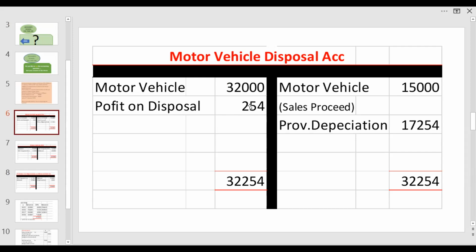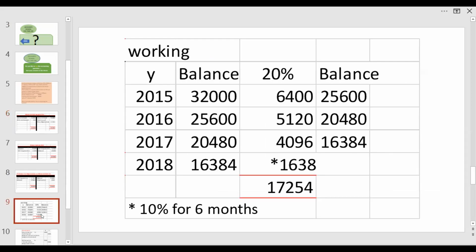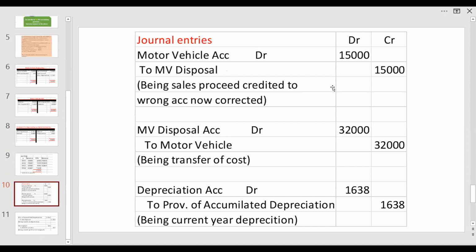So having said that, now we will go back to the journal entry for you all to just understand. No double entries can be made without prime entry, not from the exam point of view, but from the real life point of view. Now look at these things. The first entry was the wrong entry.